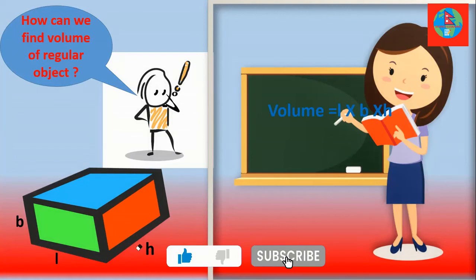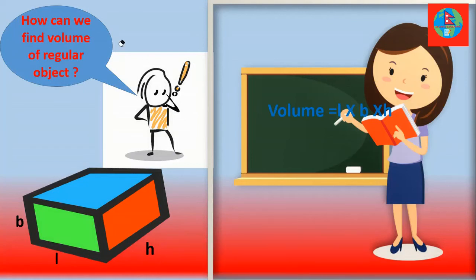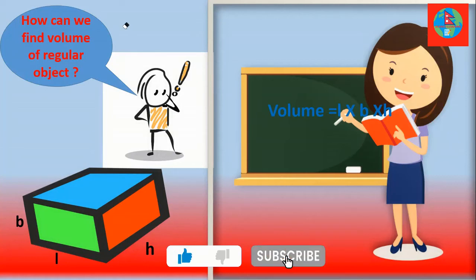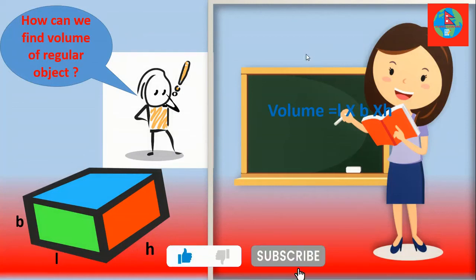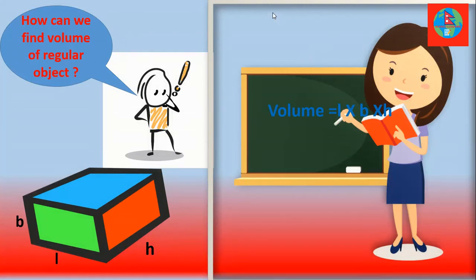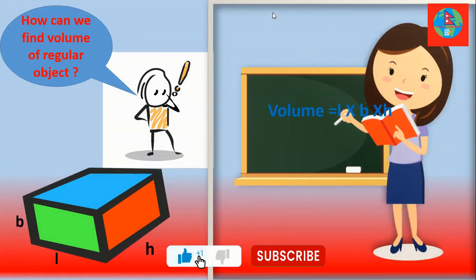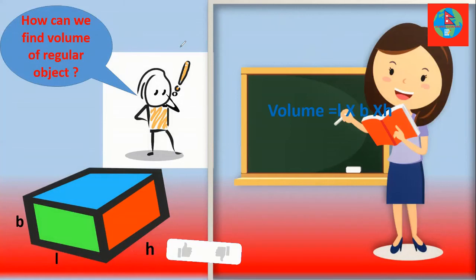So we multiply them with each other, then we easily find the volume of the object. Okay, do you understand me?